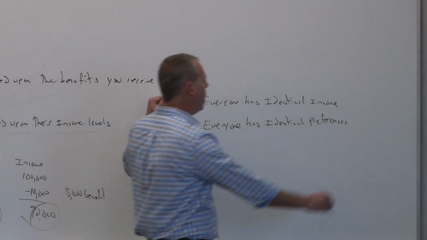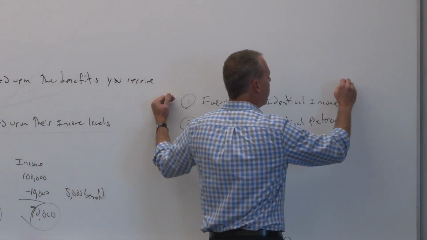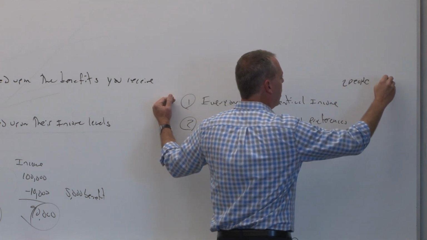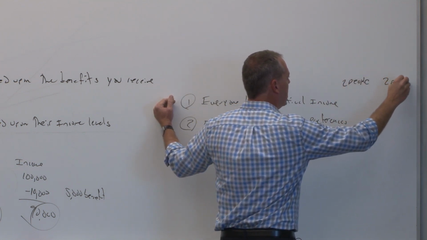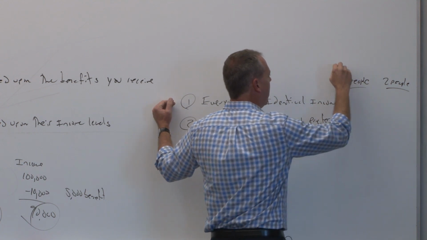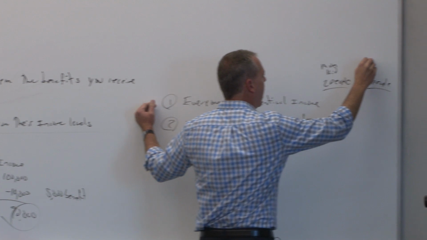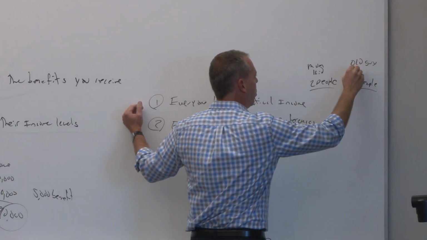Identical income, right? A household of 2 people and a household of 2 people. You can even make these households the same. Here's a mom and a kid. Here's old guy, old lady.